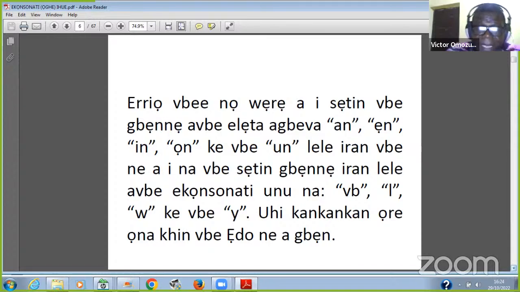So you have 4 other oral consonants that cannot go with the digraphs, the 5 digraphs as we have seen above.